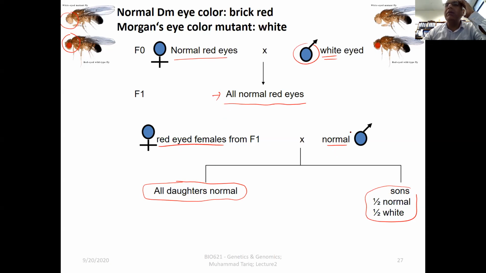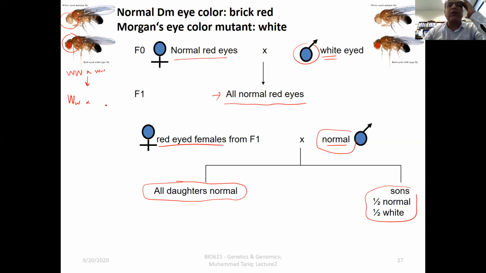If you take normal males and white being recessive, you should not get this picture. Let's solve it using simple Mendelian genetics: capital W for red, small w for white. The F1 makes sense because red is dominant, all red.